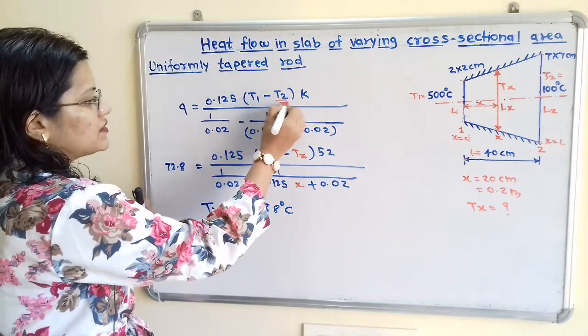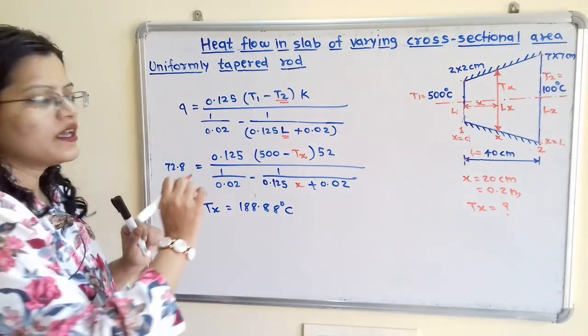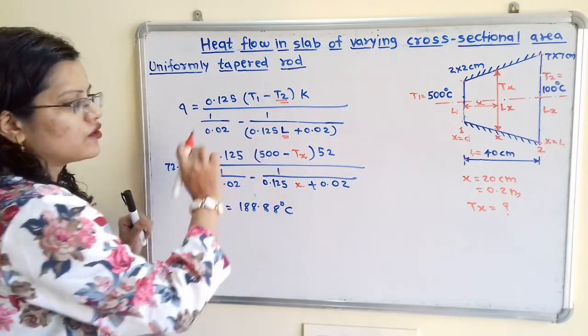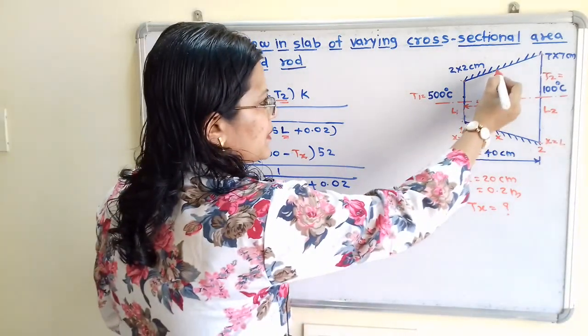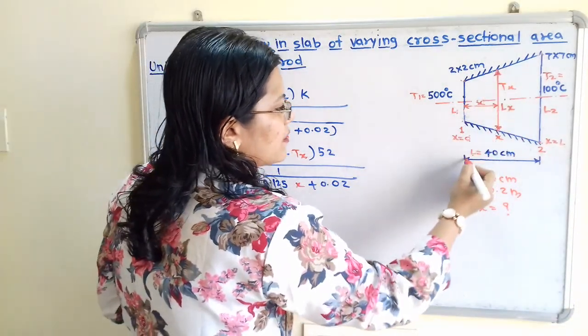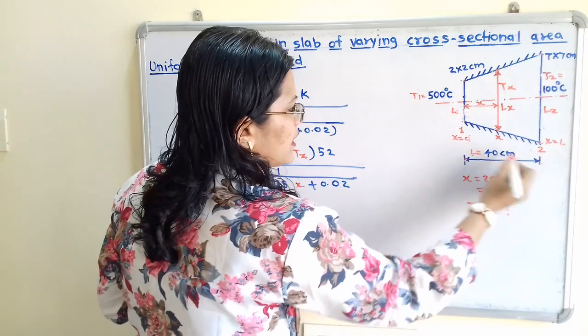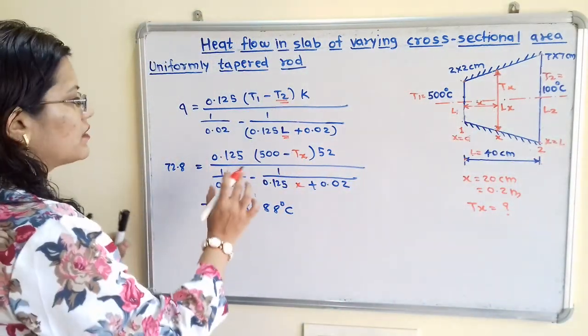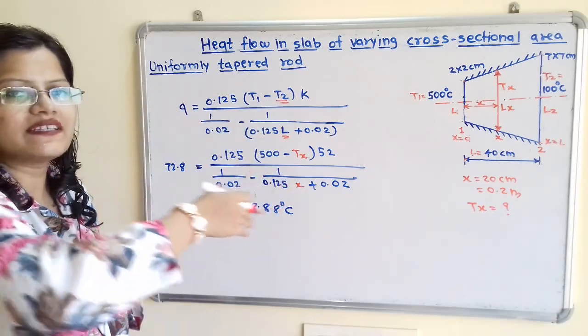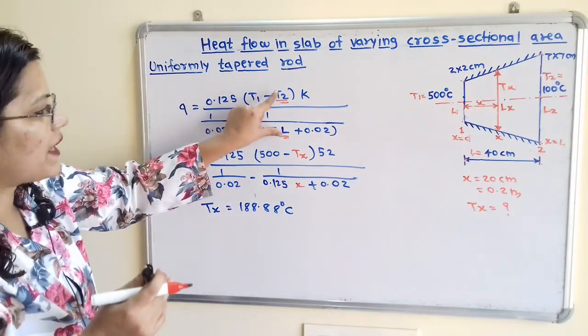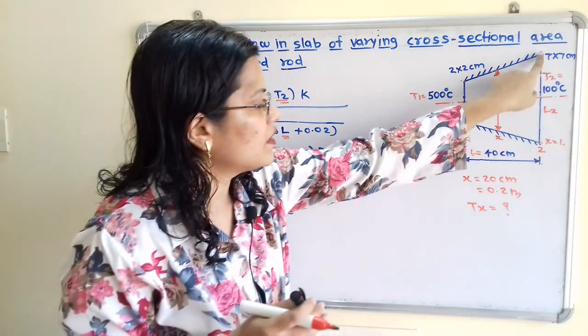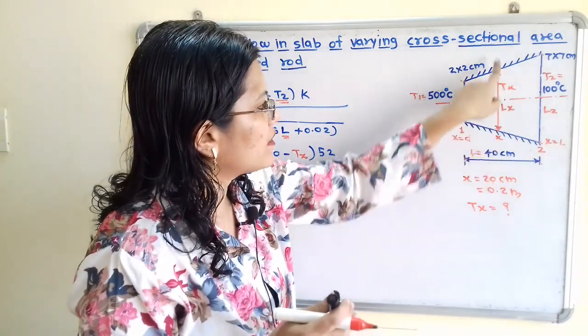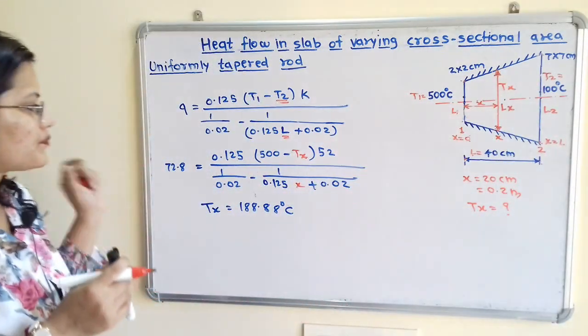That is this T2 as well as this L. Now instead of T2 and instead of L, we will put the temperature at a distance x, and for this horizontal distance L, we will put here the distance x. That means we will replace these two parameters. Instead of suffix 2, we will take suffix x.